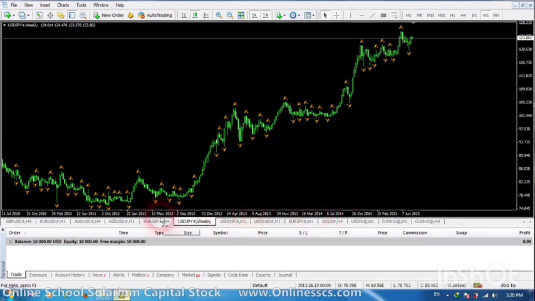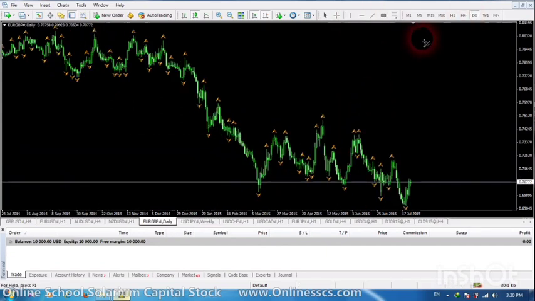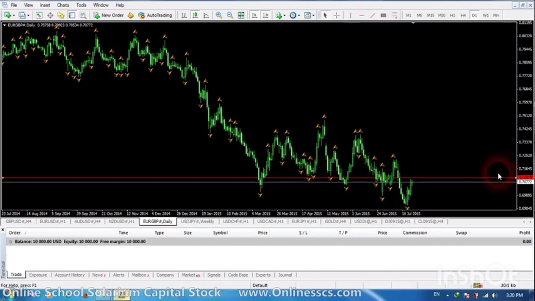Let me move on to a clearer chart. Let's move on to a longer time frame. Yeah, this is a good chart for us. So we have pivots here. I'm going to locate the pivots first.